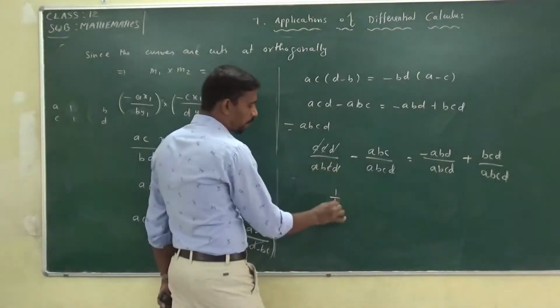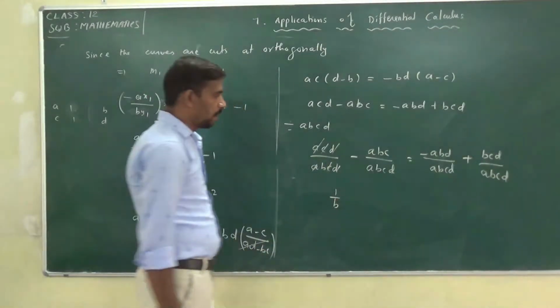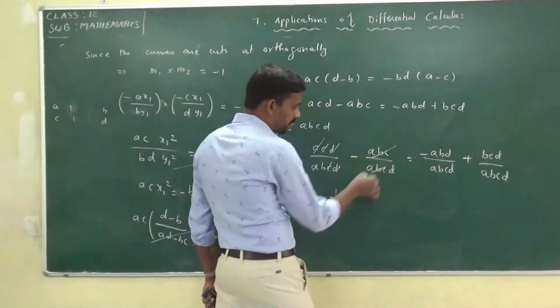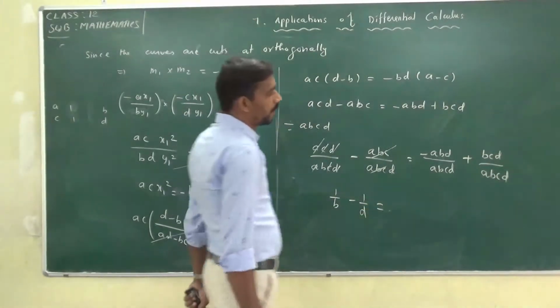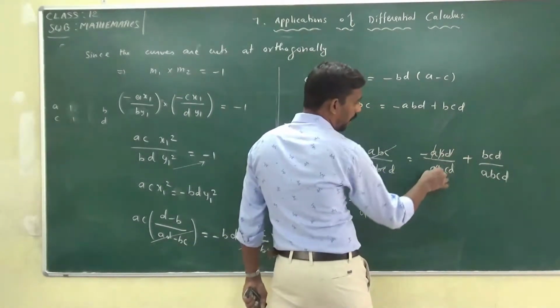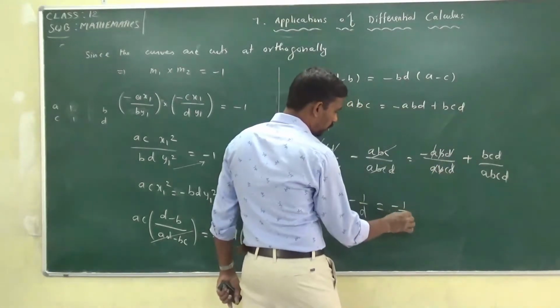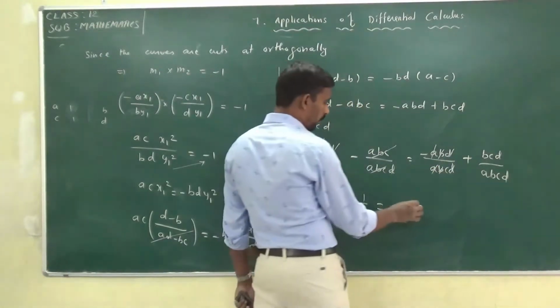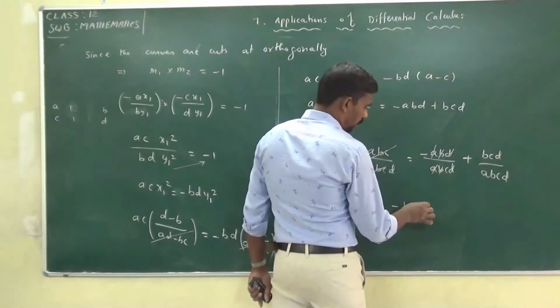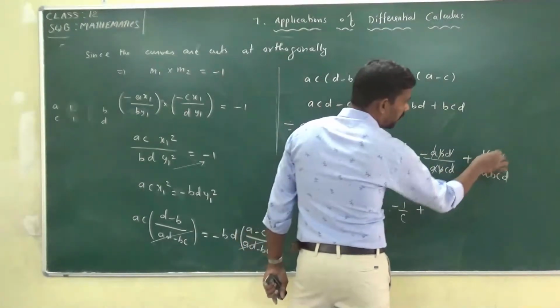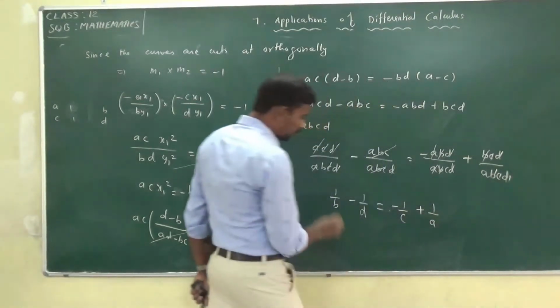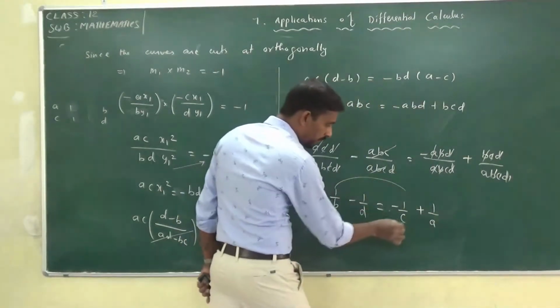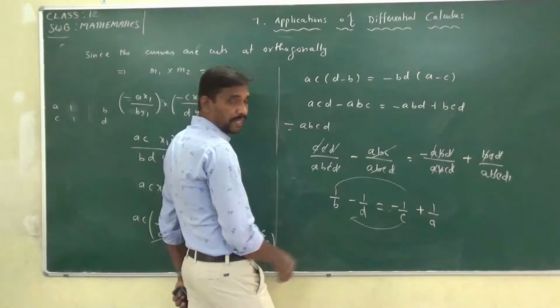ACD will be cancelled, so 1 by B. Here ABC will be cancelled, so 1 by D, which is equal to, here ABD will be cancelled, so minus 1 divided by C. Then plus BCD will be cancelled, 1 by A. So bring 1 by C here.